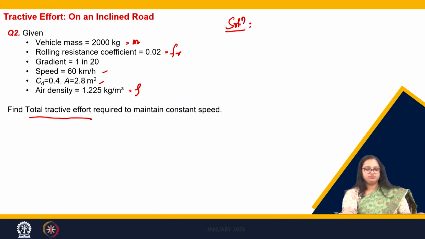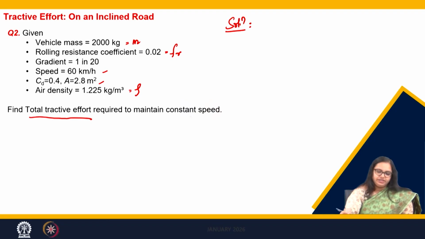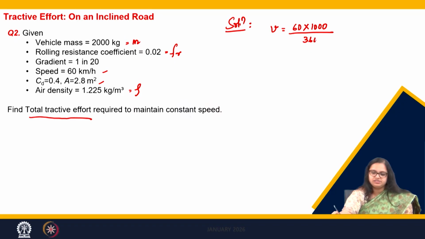Here the vehicle is moving up the gradient, which is 1 in 20. So, first we find the velocity in meters per second, which is equal to 60 multiplied with 1000 by 3600, which is equal to 16.67 meters per second.